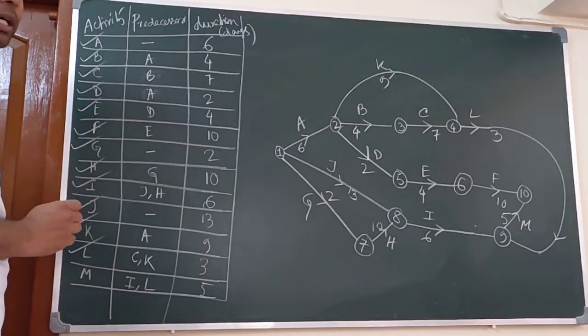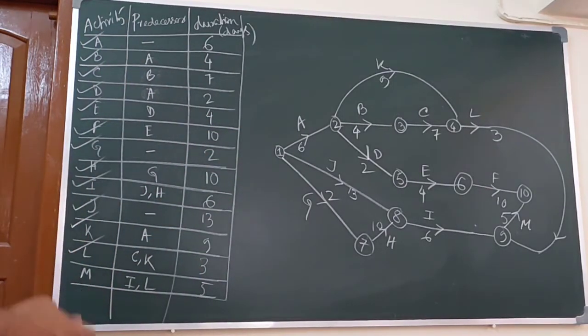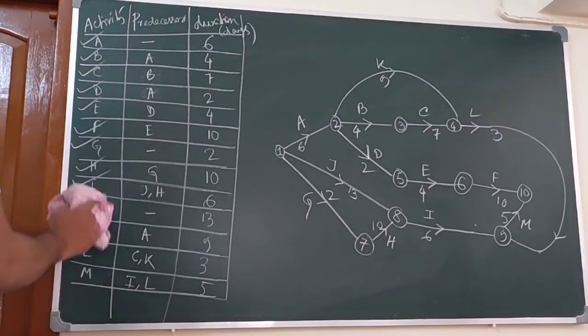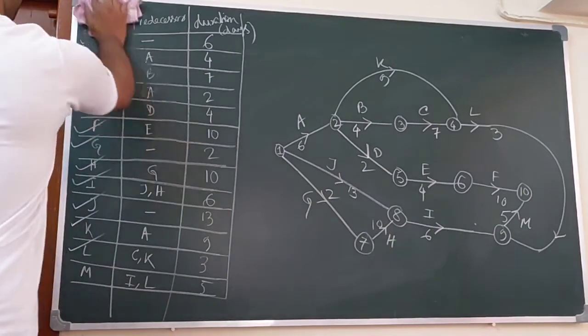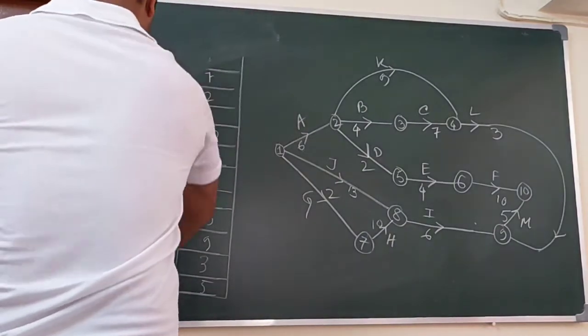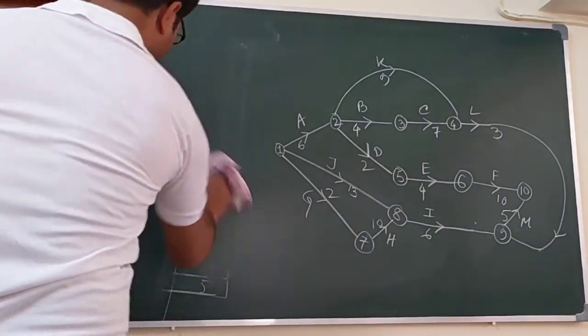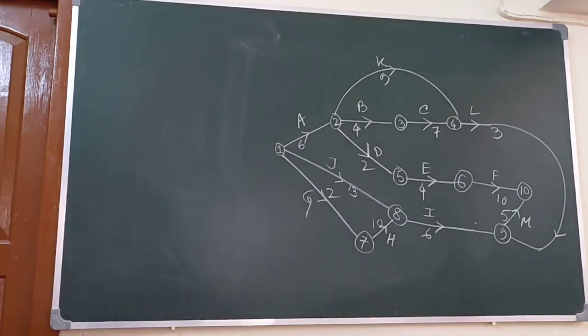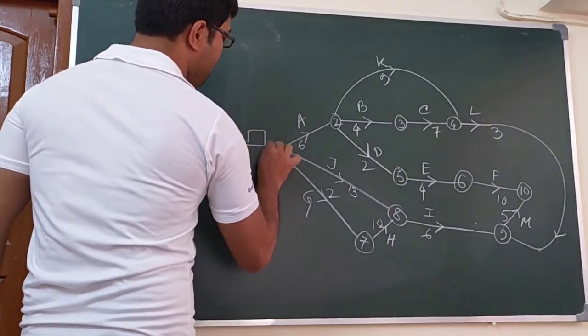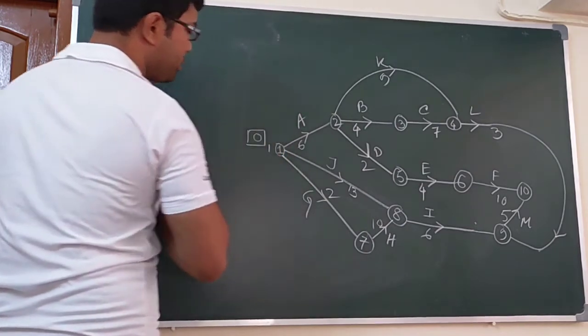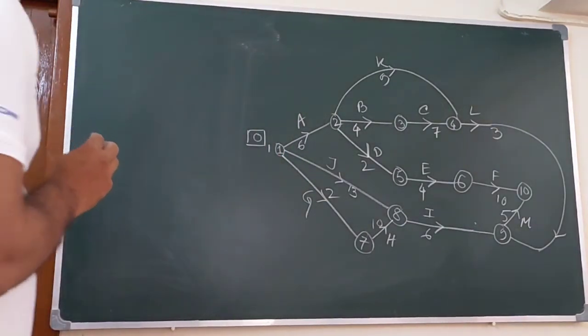Now we have to find the critical path in this network. For this, we have to calculate the forward pass and the backward pass. In the forward pass, box 1 is always initialized with 0.